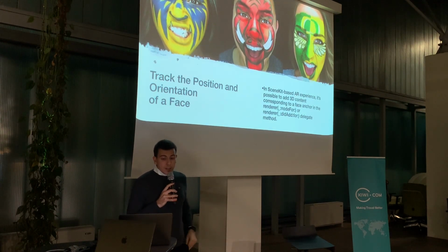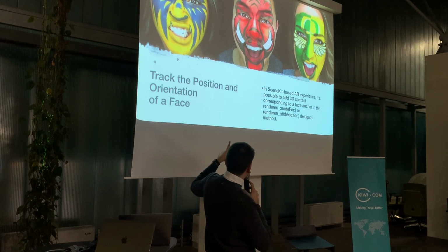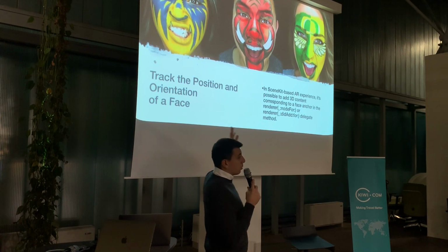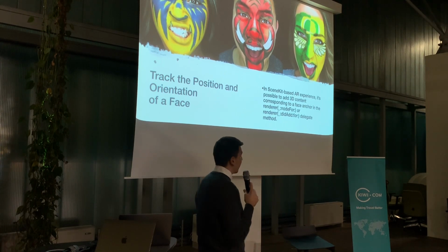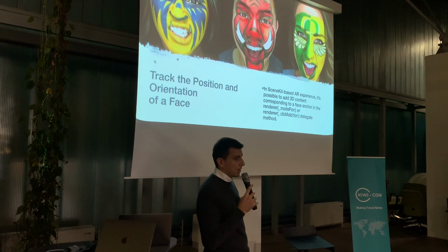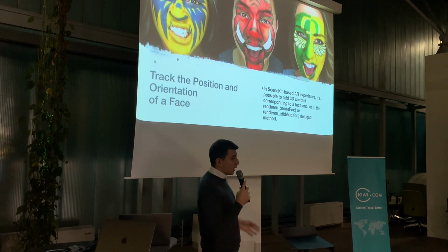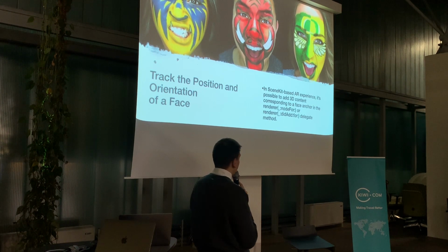So, as you can see in this pic, you can track the position and the orientation of the face. I think most of you have used it just for fun, at least once in life, with some filters from Instagram or Snapchat. You can achieve this using SceneKit, which is of course based on augmented reality.